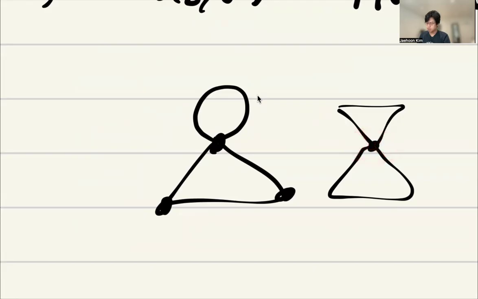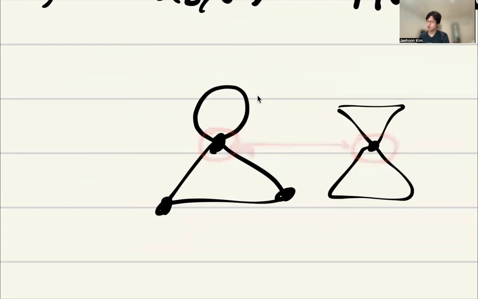If you study topological graph theory, or think of this graph as a drawing on a certain space, these two situations are locally isomorphic.